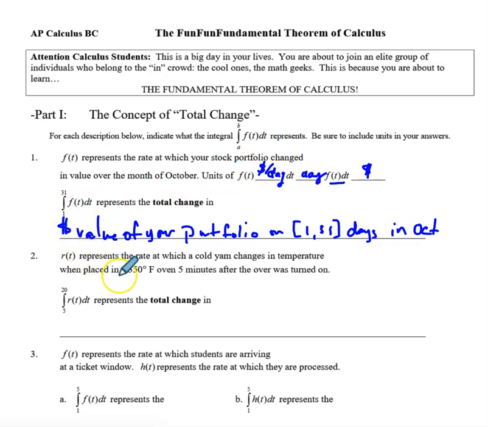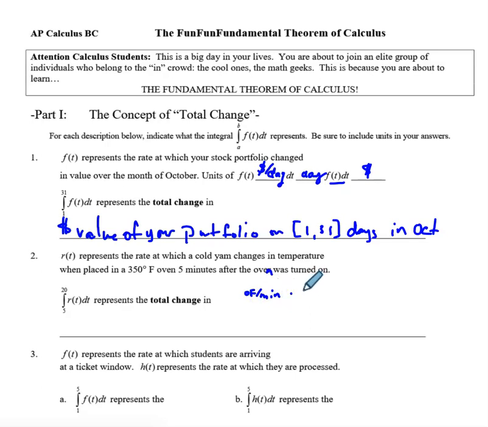Okay, next problem says r of t represents the rate at which a cold yam changes temperature when placed in a 350-degree Fahrenheit oven 5 minutes after the oven was turned on. That should say oven. So what does this integral from 5 to 20 of r of t dt represent the total change in? Well, r of t is a rate of change of temperature. So it's going to be degrees Fahrenheit, and I would say per minute, since our units of time are in minutes.